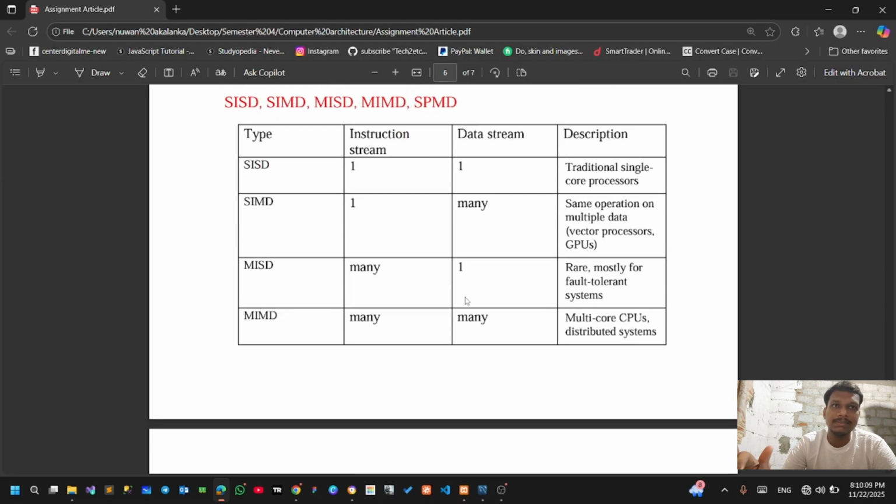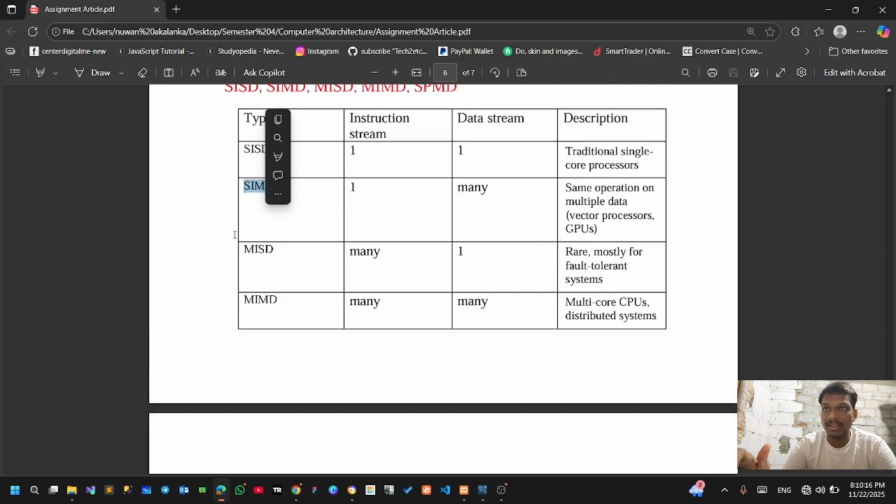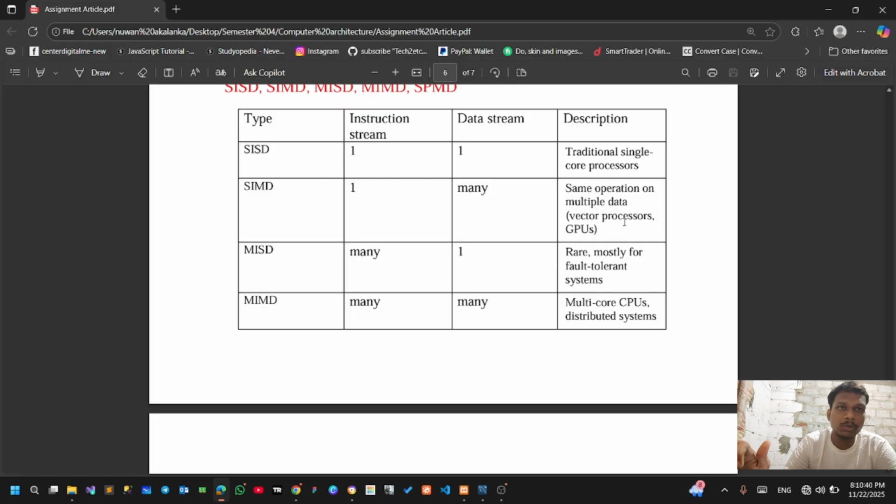We have a table, and here we have all 5 types and their instructions. SISD: instruction stream 1, data stream 1, traditional single core processors. SIMD: instruction stream 1 but data stream many, same operation on multiple data, like vector processors, GPUs.